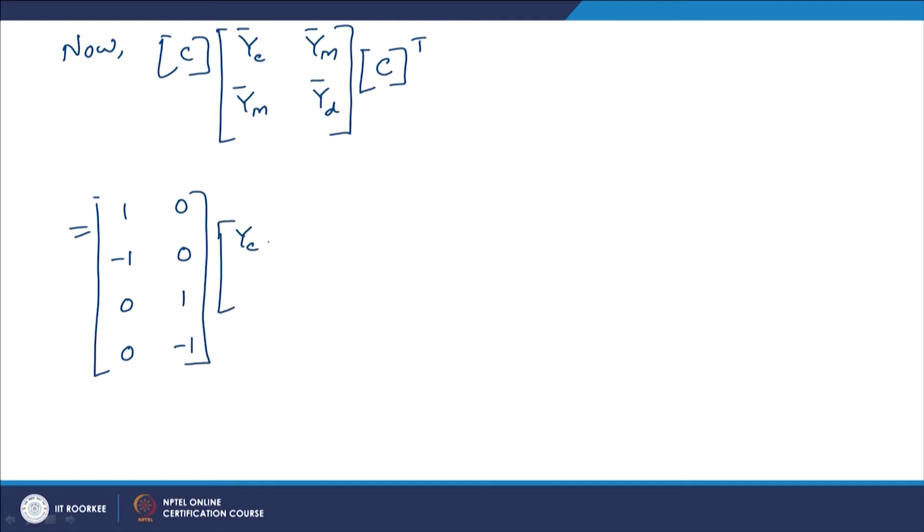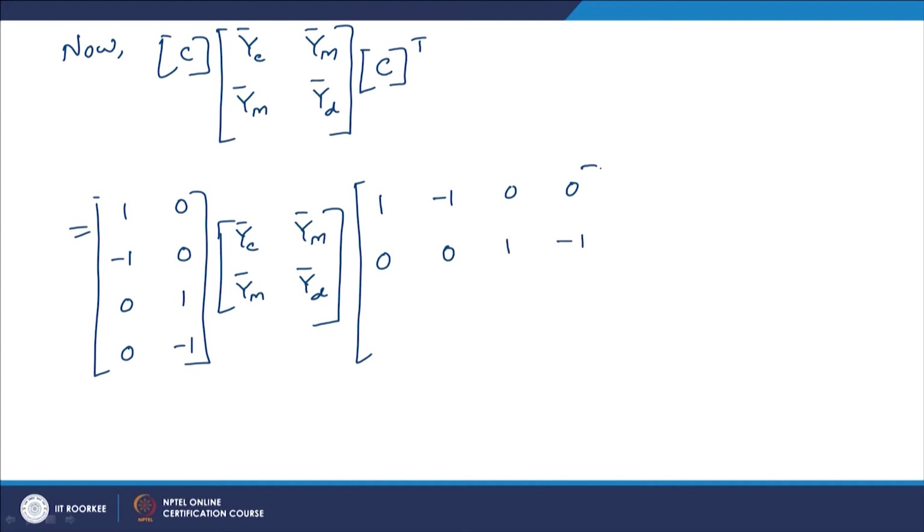This is YC YM YM YD, and C transpose matrix is 1 minus 1 0 0, 0 0 1 minus 1.